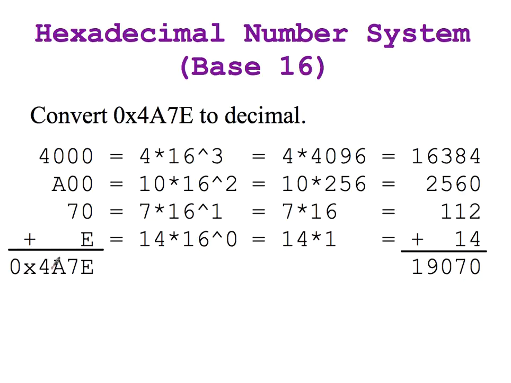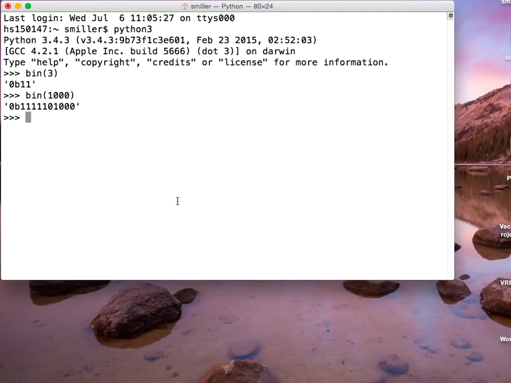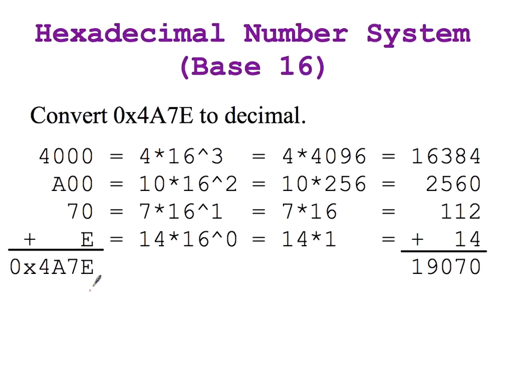And that's really compact. It's actually even more compact than decimal. It's only 4 digits. If you wanted to represent this number in binary, let's see what would happen. Over here I can type in my Python shell the binary value of 19,070, and it's this huge binary number, which is really inconvenient to write. That's why we use hexadecimal.